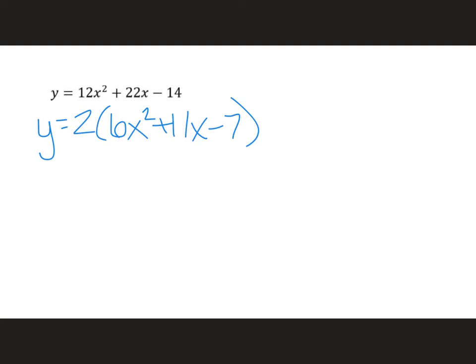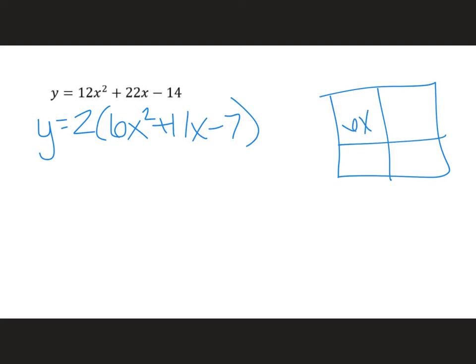So over here with my box, I will do 6x squared and negative 7. So that's a negative 42x squared, which means this one should be negative 42x squared on this diagonal.